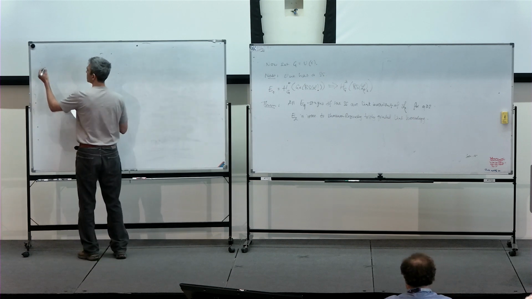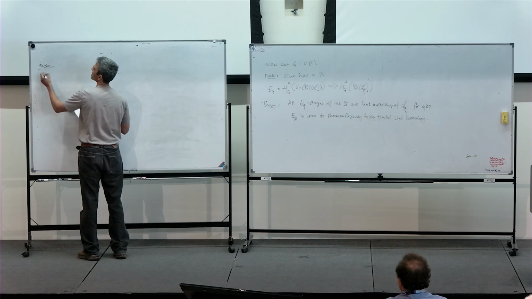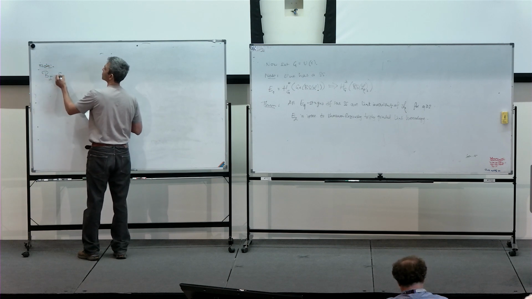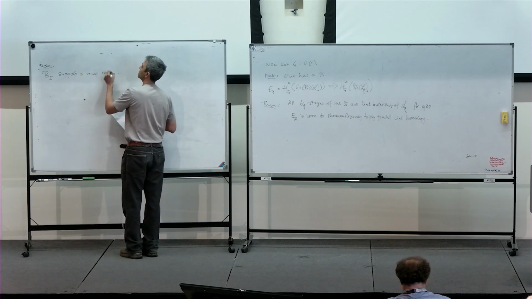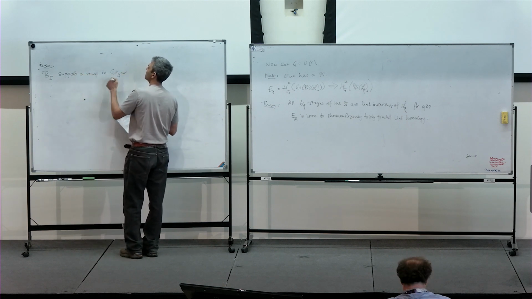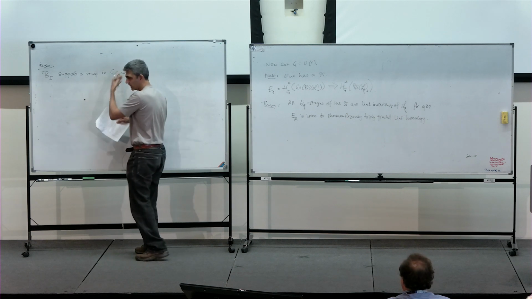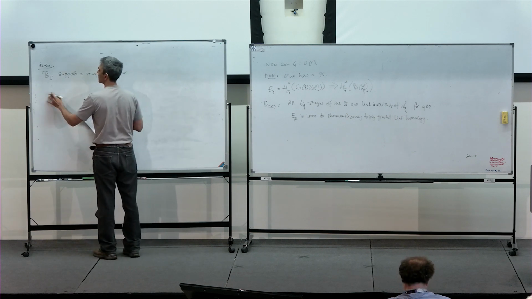So first, B_i supports a map to G mod G adjoint. So this is true for any G, even though we're only working with the A_n case. And so how does this map go?